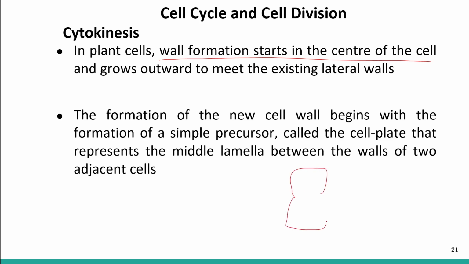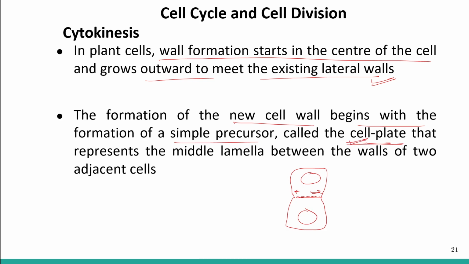So these are the two nuclei. It forms at the center of the cell like this, and grows outward to meet the existing lateral walls. The formation of new cell wall begins with the formation of a simple precursor called the cell plate.